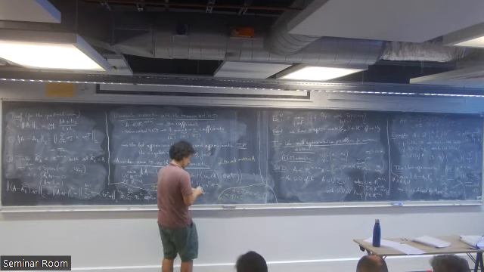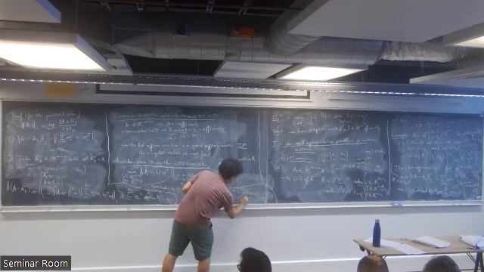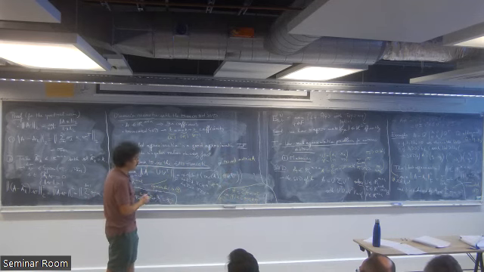And so if I write the same thing, I have the sum of sigma_i, but now I have the tensor product u_i tensor v_i.